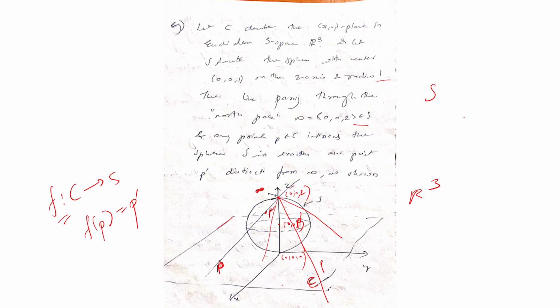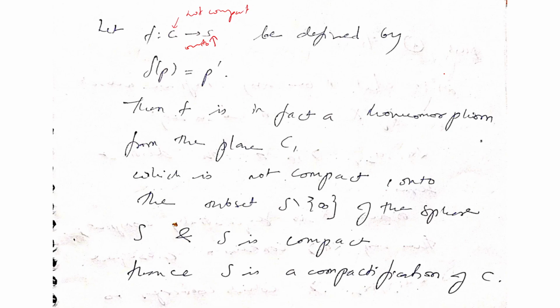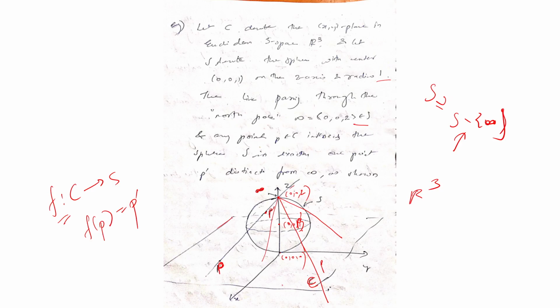Now take its subset S minus infinity. If you are excluding one point, this will form a subset of S. So this is not compact, onto the subset S minus infinity of the sphere S. But S is compact, right? If you are taking the whole sphere, the sphere is compact.